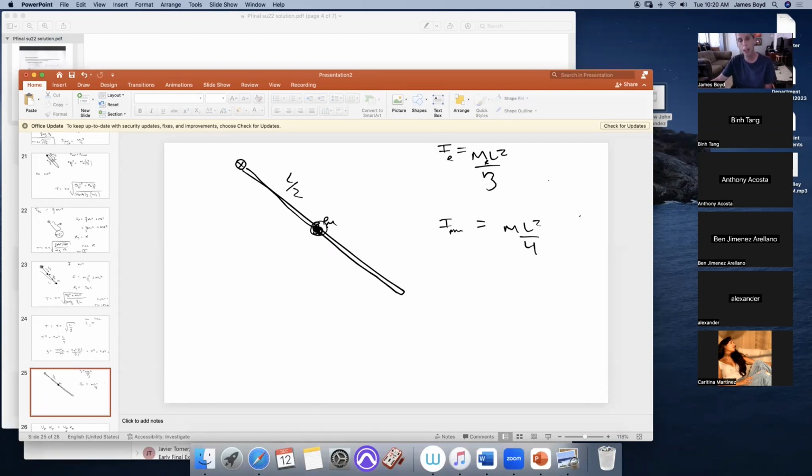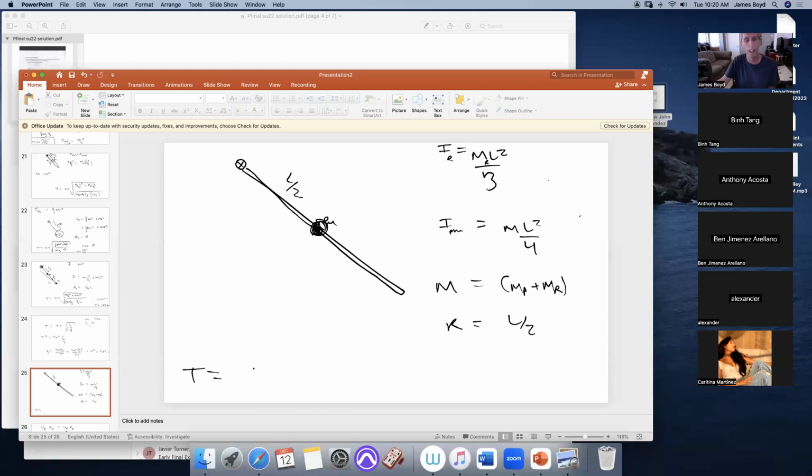Their center of mass is going to be at the center of the rod plus the point mass. So their mass is the point mass plus the rod. Their radius of gyration goes from the axis to the center of mass, but the center of mass is at the center of the rod, so that's L over 2.